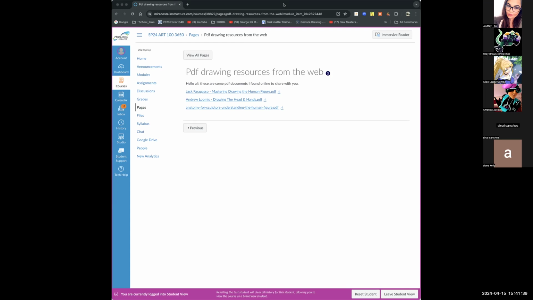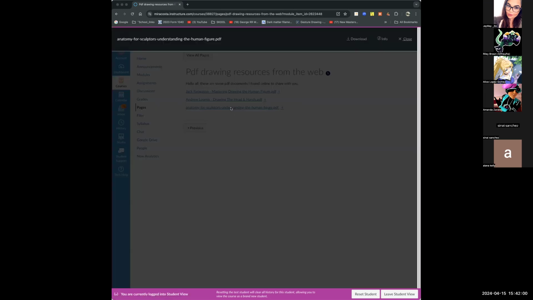You can look up almost any book now, and if you just type in the title and then .pdf, it should come up with the full text. One of the things they put on there is the text of Anatomy for Sculptors.